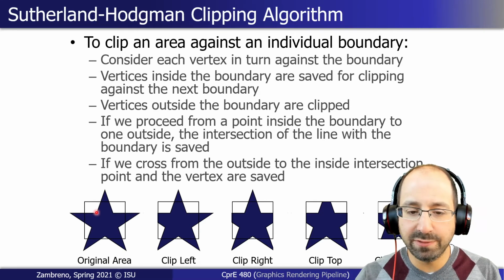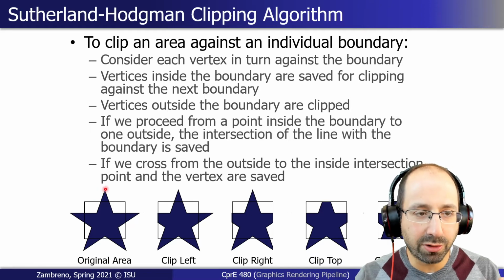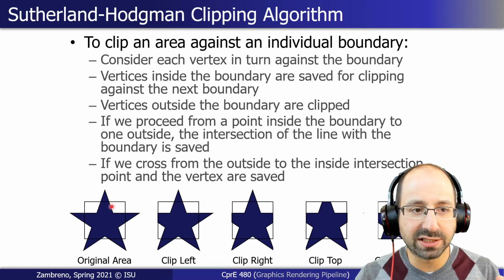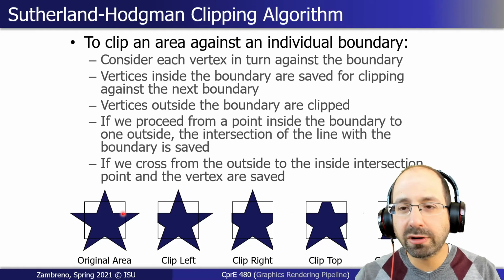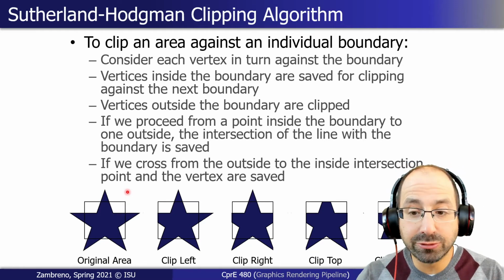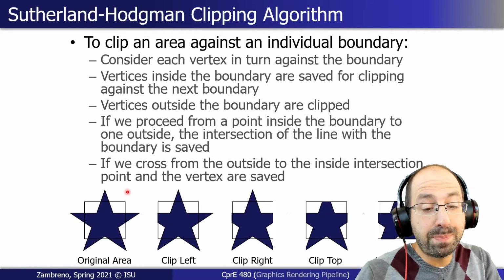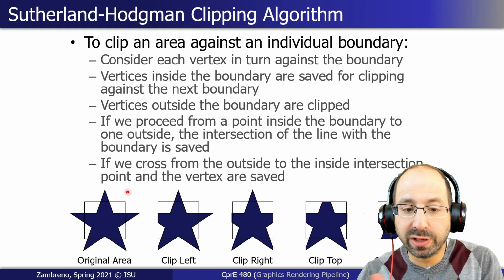This one we save because it's inside. We go from here to here, and we save the intersection point. We then go from here to here, save the intersection point, and so forth. So we're tracing the shape effectively, calculating the boundary conditions and the intersection points basically the same way we were doing it before.